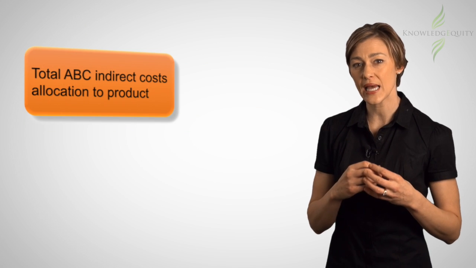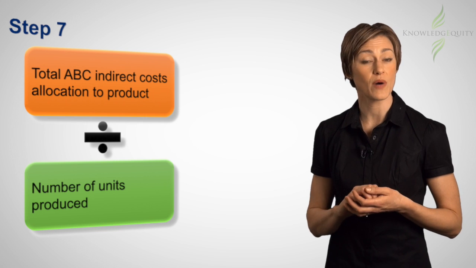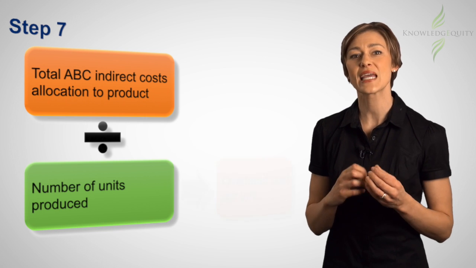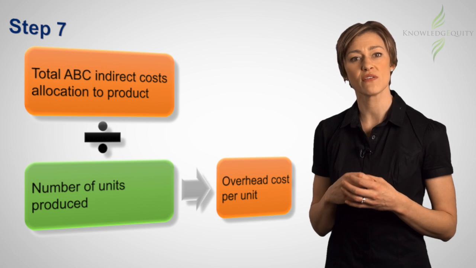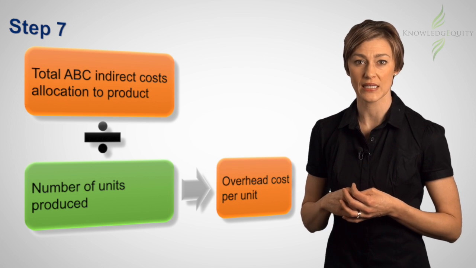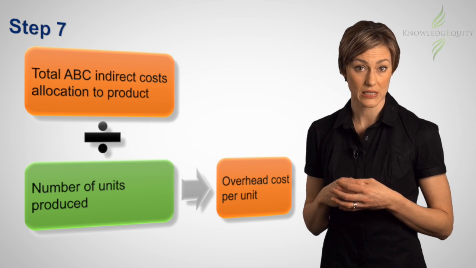Once the total allocated amount for each product has been calculated, this can be divided by the number of units produced to get a per unit based cost. This can provide useful information for cost volume profit analysis and for strategic analysis of new or existing products.